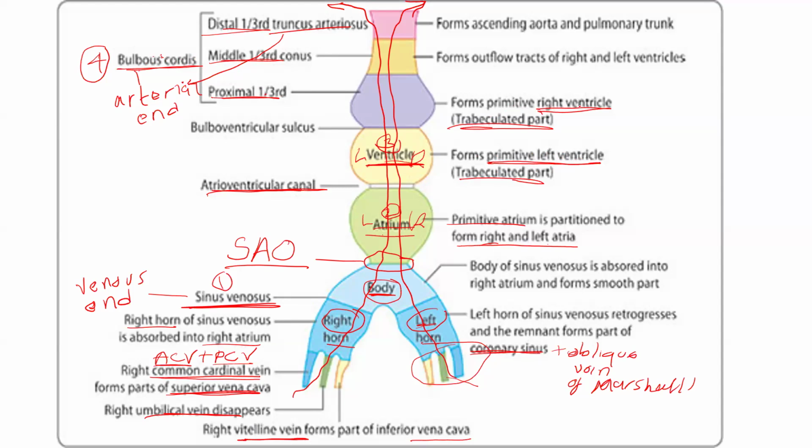So the trabeculated parts of the right and the left ventricle have different origin. That of the left ventricle comes from the primitive ventricle, and the proximal third of bulbus cordis gives rise to the primitive right ventricle.